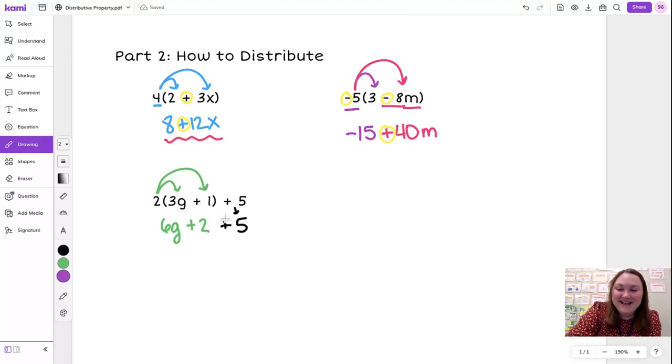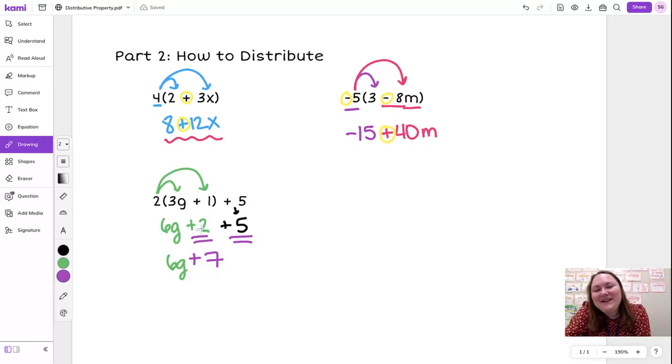There's something else I can do here, and that is combining my like terms. I have a number and a number I can combine together, so to get my final answer, I want to do that. I can copy my 6g, and then I can say 2 plus 5 gives me plus 7. And that is my final answer.